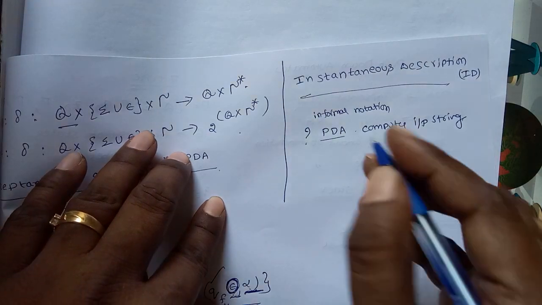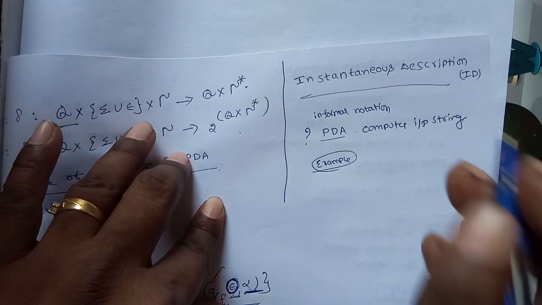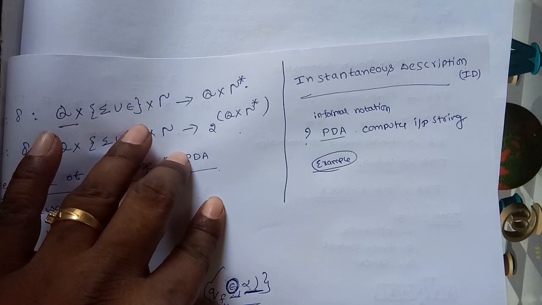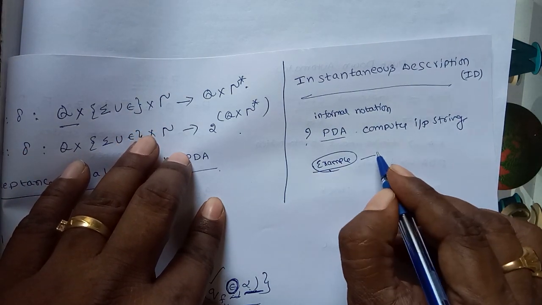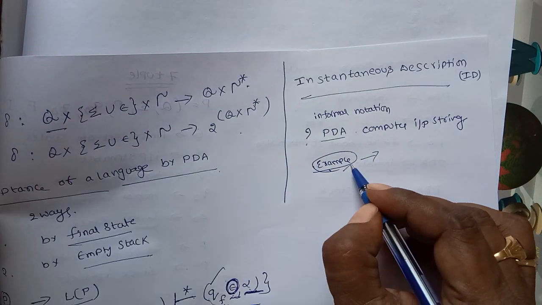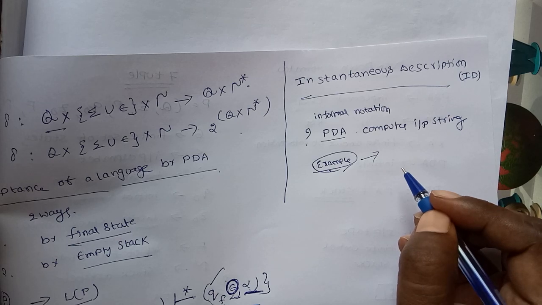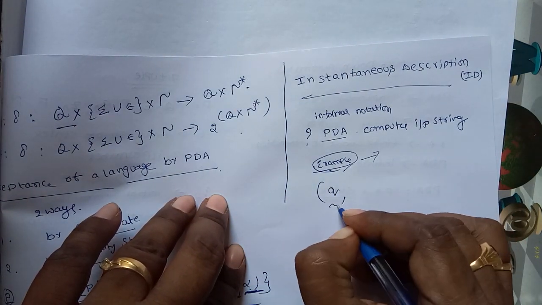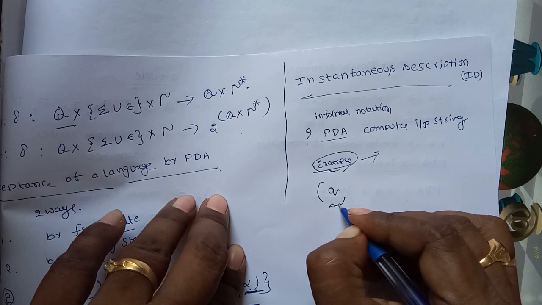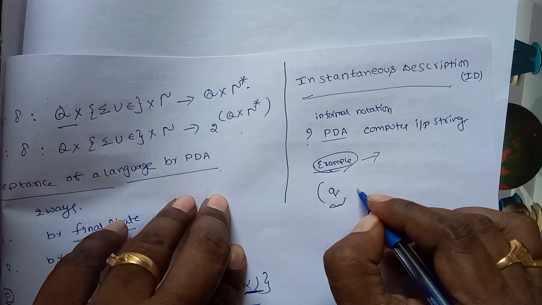In simple terms, I am giving an example. Based on this example, I am checking whether the push down automata accepted the input or rejected the input. It is represented as (Q, W, Z0). Q is the starting state, that is, the state from which we are moving, simply the current state.